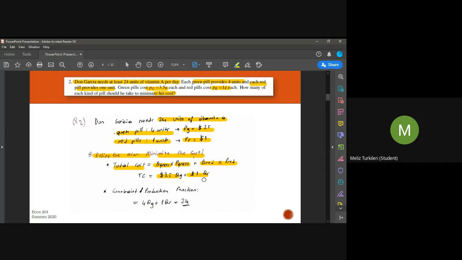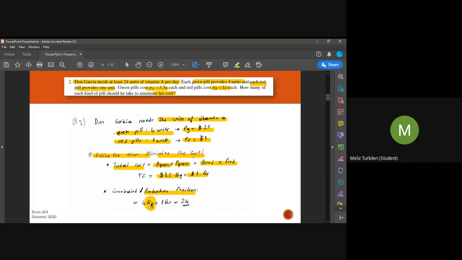And then I have a constraint function, or you can argue that it's a kind of production function. I know that if I consume this quantity of green pills, I'm going to derive vitamin A by multiplying it by 4. Okay?